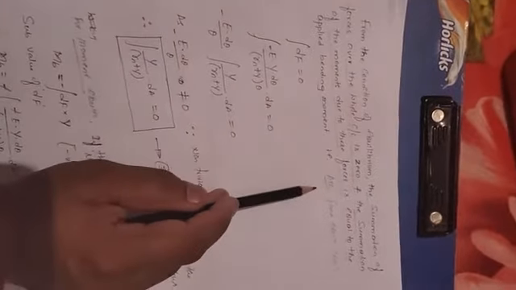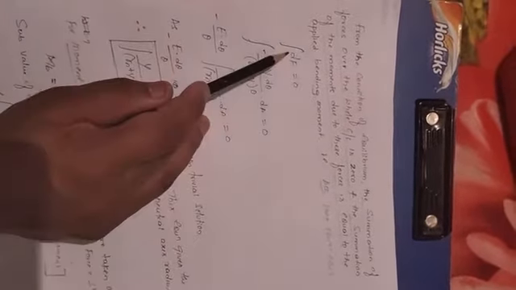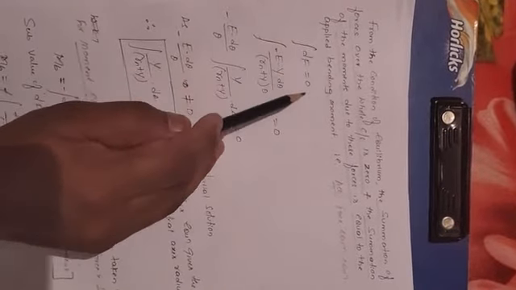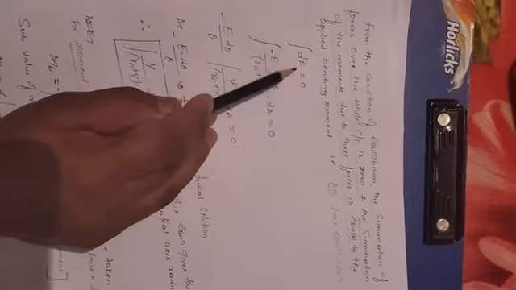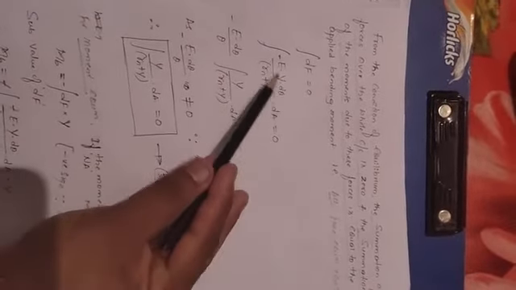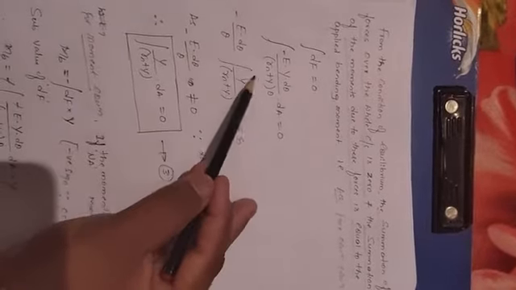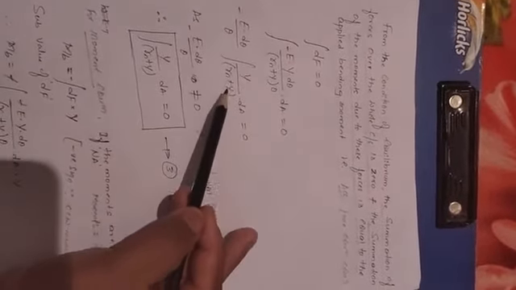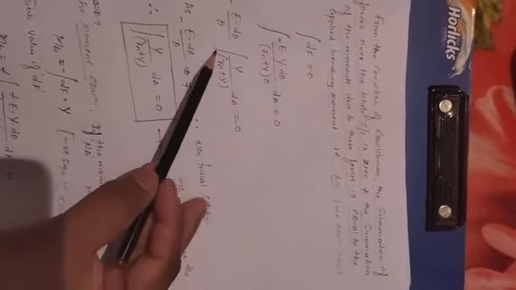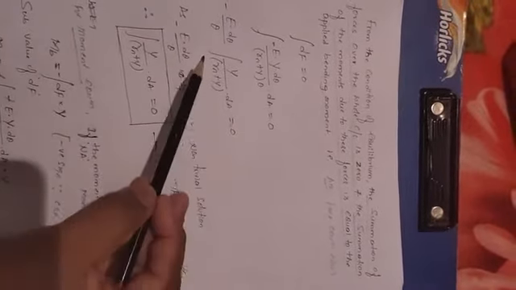First you apply the first equilibrium equation. According to force equilibrium, instead of summation you call it integration over the area, dF is equal to 0. Substitute equation 2 in here, then simplify it. Now take the constant E theta by theta outside. The integration of y divided by Rn plus y into dA is the area integral. Now here I want to make the left-hand side equal to the right-hand side.